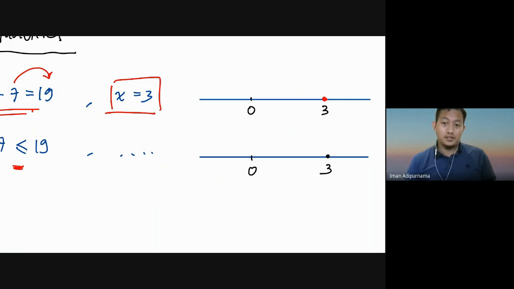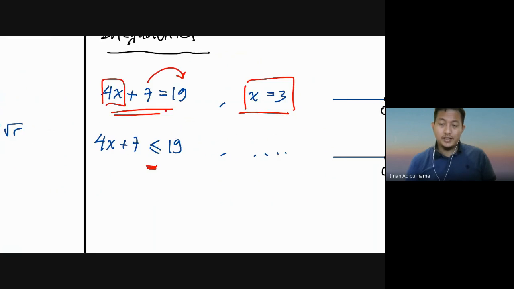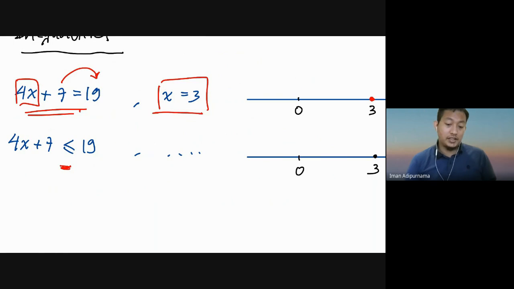But in the second case here, 4x plus 7 is less than or equal to 19.